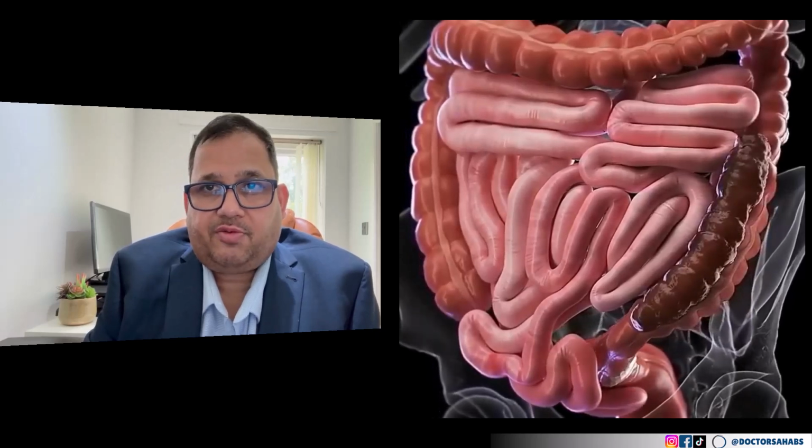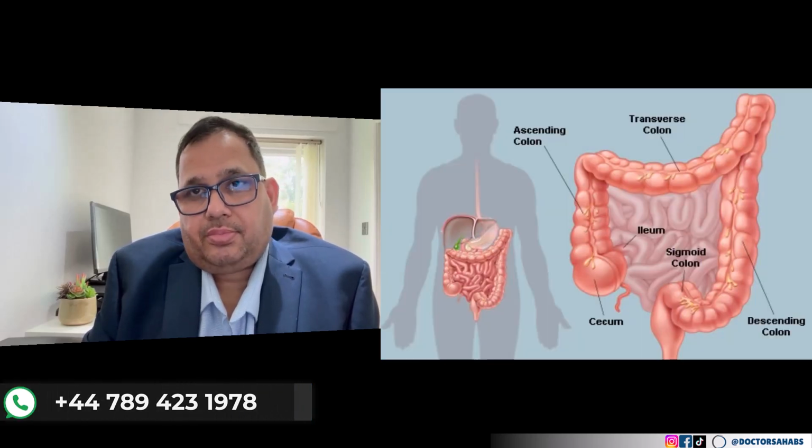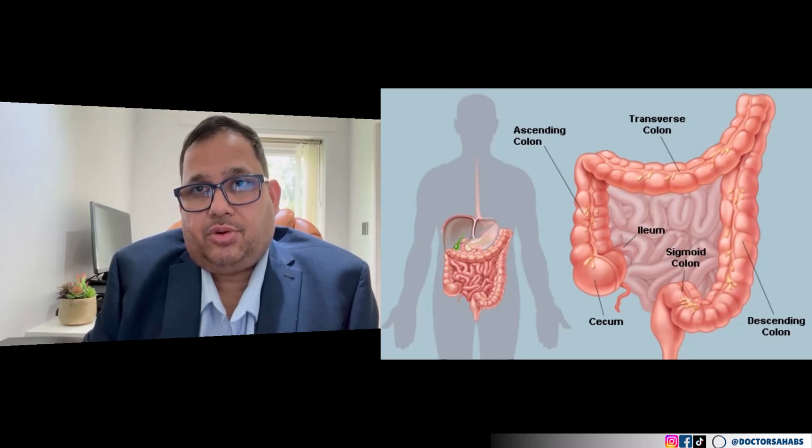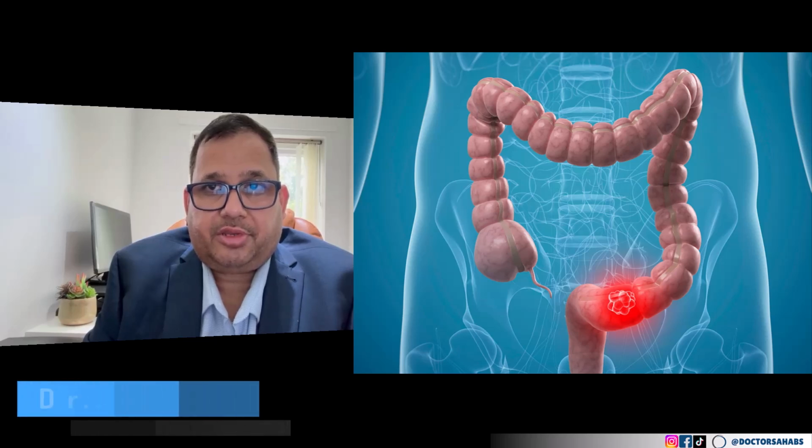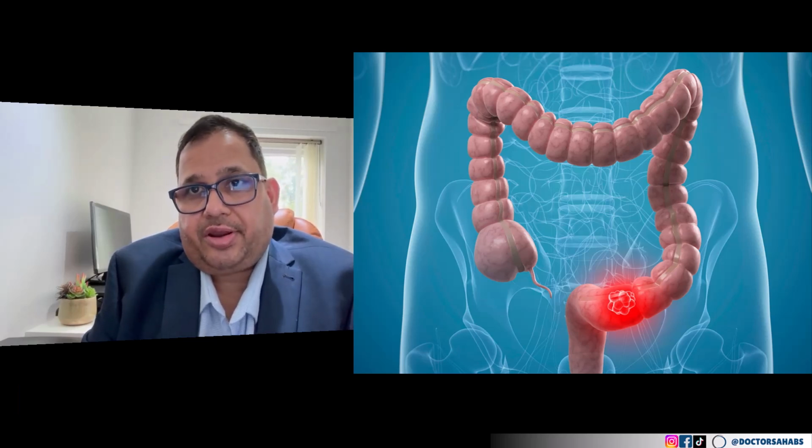The left side means it is more commonly seen in the sigmoid colon and the rectum as well. That's why sometimes we call it colorectal cancer, meaning it is present in the colon and the rectum.